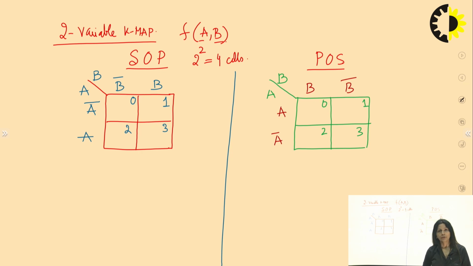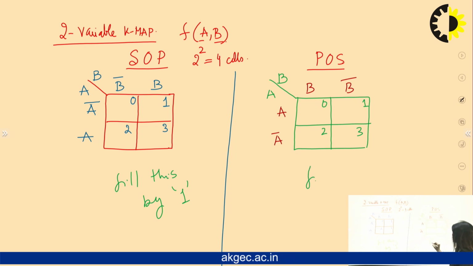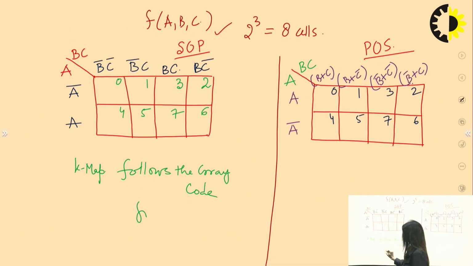So whenever there is a problem of SOP, you have to fill this K-map by 1. In the case of POS, fill this by 0 entries. Fill this by 1.